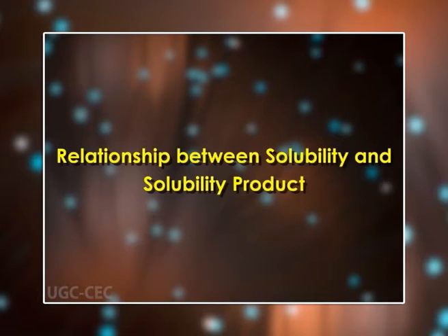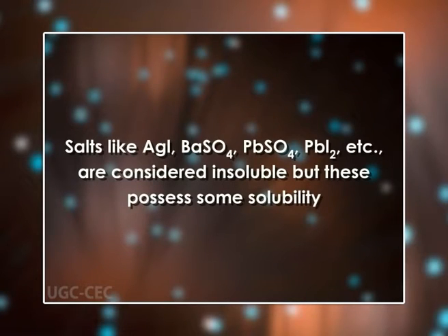It's important here to discuss the relationship between solubility and solubility product. Salts like silver iodide, barium sulfate, lead sulfate, lead iodide, etc. are ordinarily considered insoluble, but they do possess some solubility. They are sparingly soluble electrolytes.